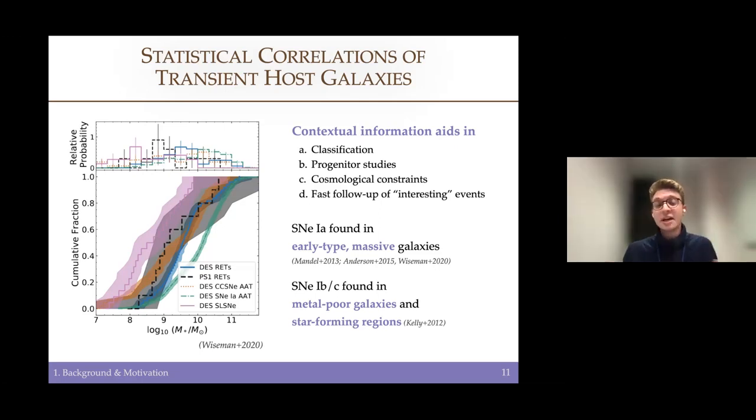And so this says something about the nature of the progenitor, at least at a statistical level. And then the other one I've thrown up here is type Ibc supernovae are found predominantly in metal poor galaxies and star-forming regions. And all of this prior information we have well documented in the literature, and we can take advantage of to improve our early time classification where data is sparse or where the signal to noise is not so high.